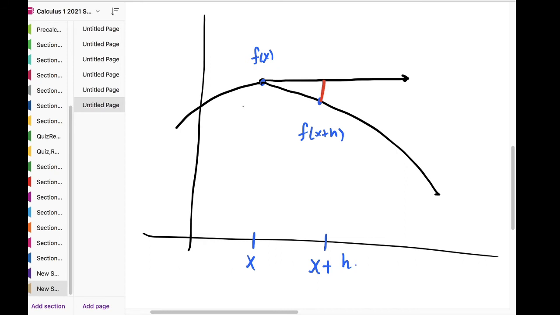The value between, so this is the difference between a function and tangent line.